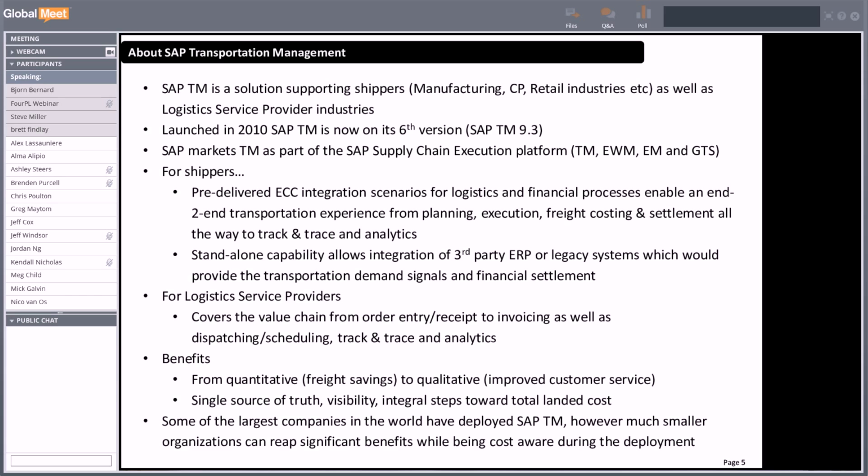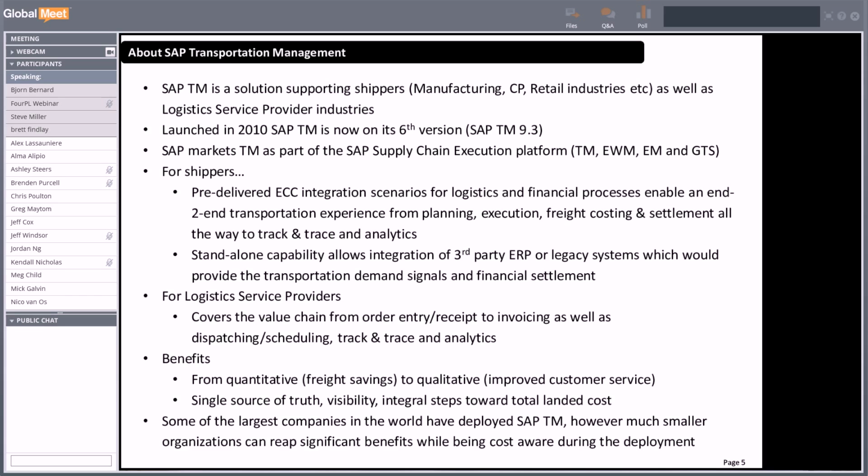Logistics service providers will use it for dispatching, scheduling, for their own costing purposes, as a revenue driving mechanism, as well as track and trace and analytics. So both these worlds, shippers and logistics service providers, make use of TM, and the strategy of SAP basically improves the solution on an ongoing basis for both.